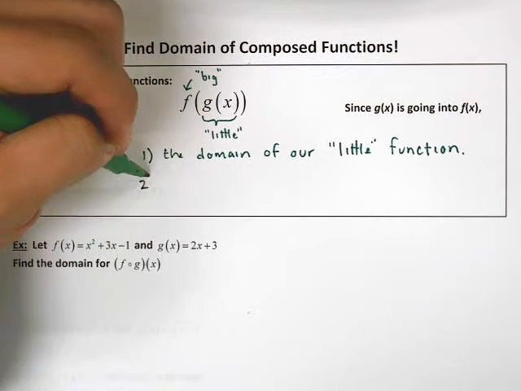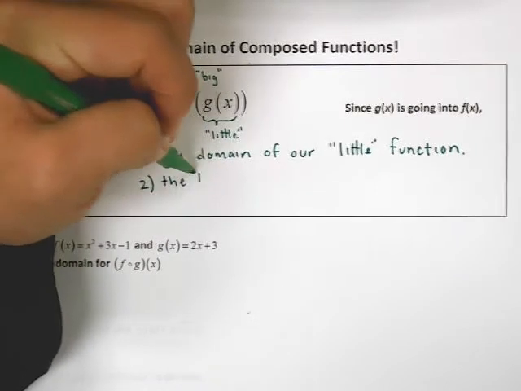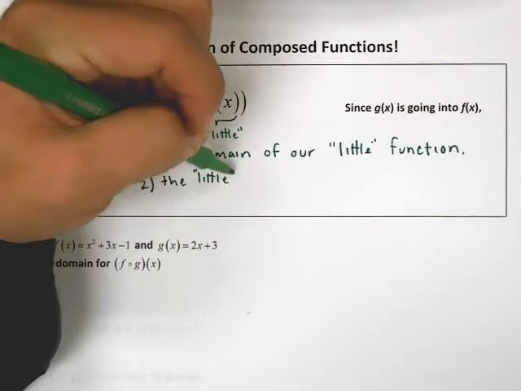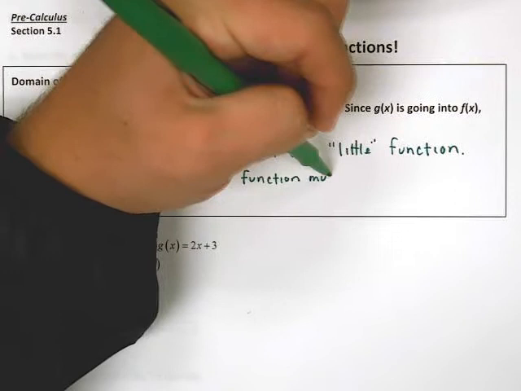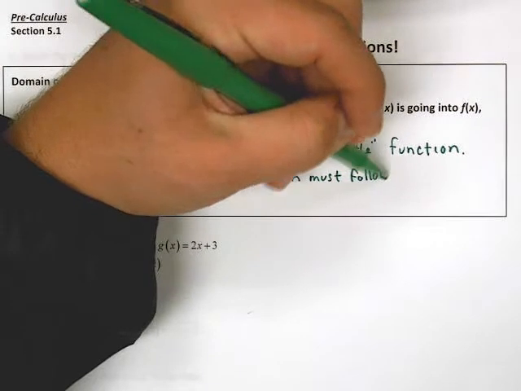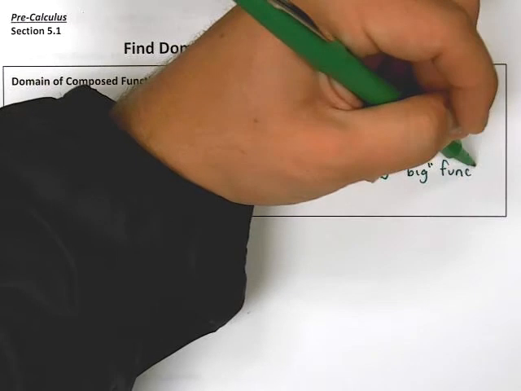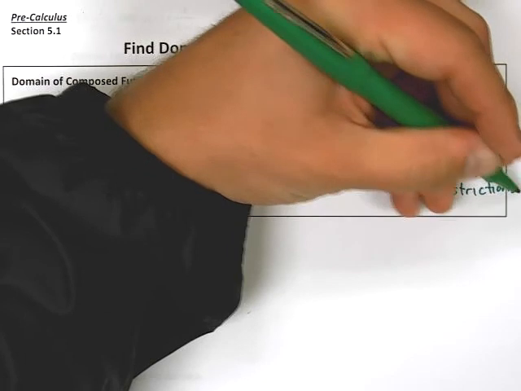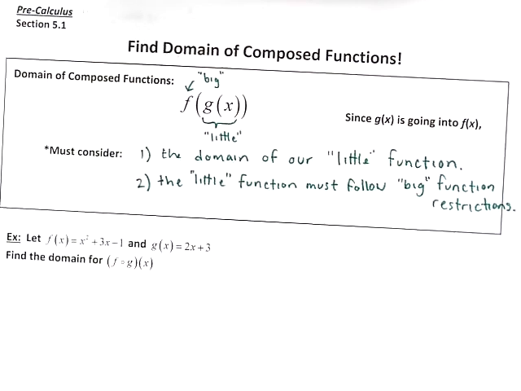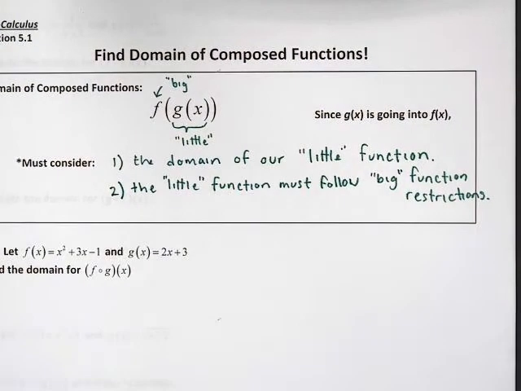So in this case, we're going to say the little function must follow big function restrictions. Okay, so again, I know that's very wordy. I know maybe that doesn't make sense right now. When we get into some examples farther down the page, hopefully it will make a little more sense.